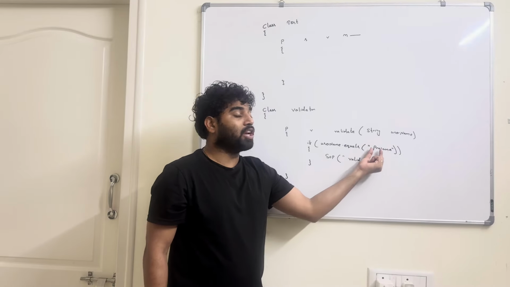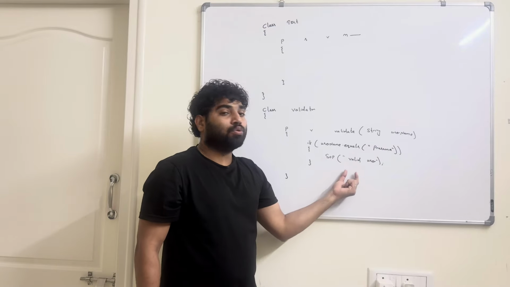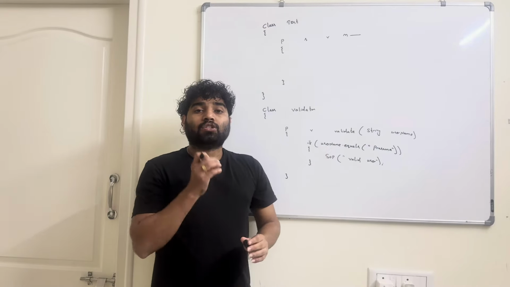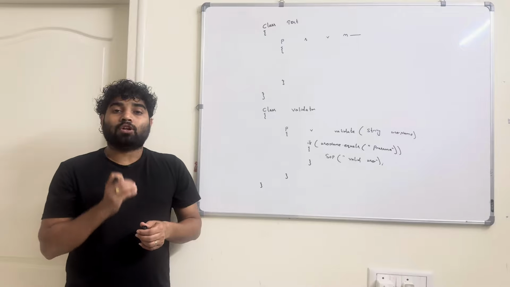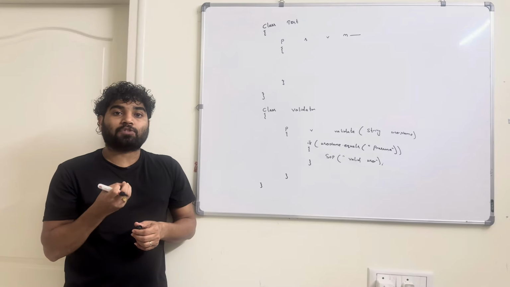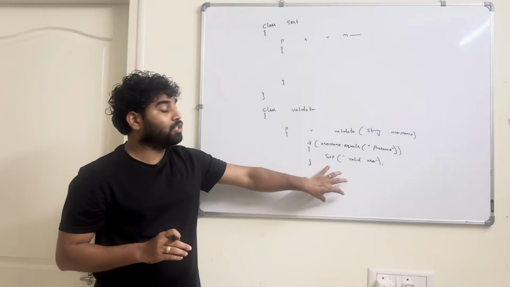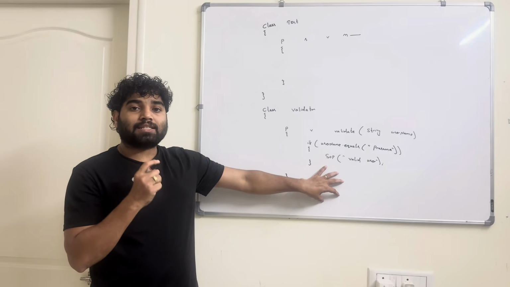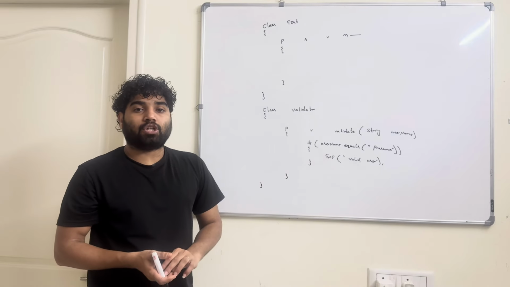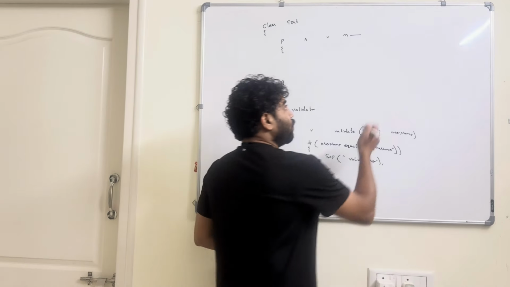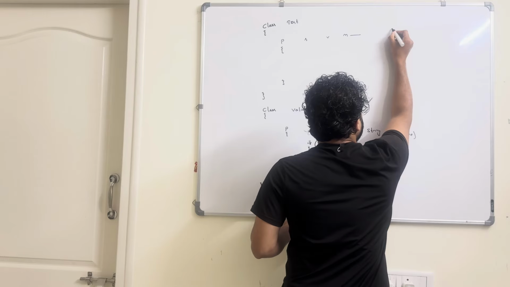If it is not a valid user, then I need to throw some exception. Which exception do I need to throw? We need to create our own exception and throw it. Let's say I want to throw InvalidUserException. For that, first of all, we need to create our own custom exception class.